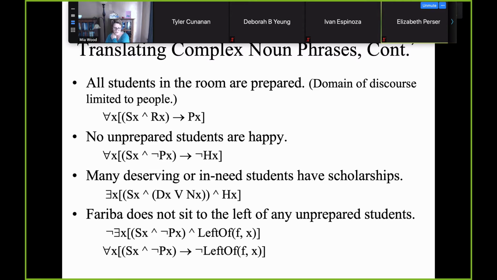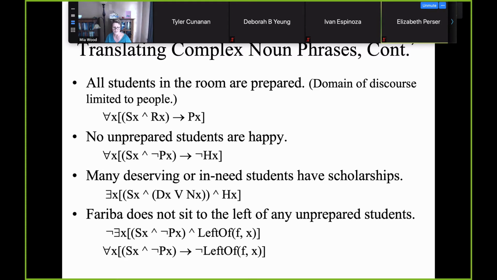Now let's take a look at the last example and see what you think about the equivalence, right? So we have an existential claim. We also have a universal claim, but they're saying the same thing. So Fariba does not sit to the left of any unprepared students.